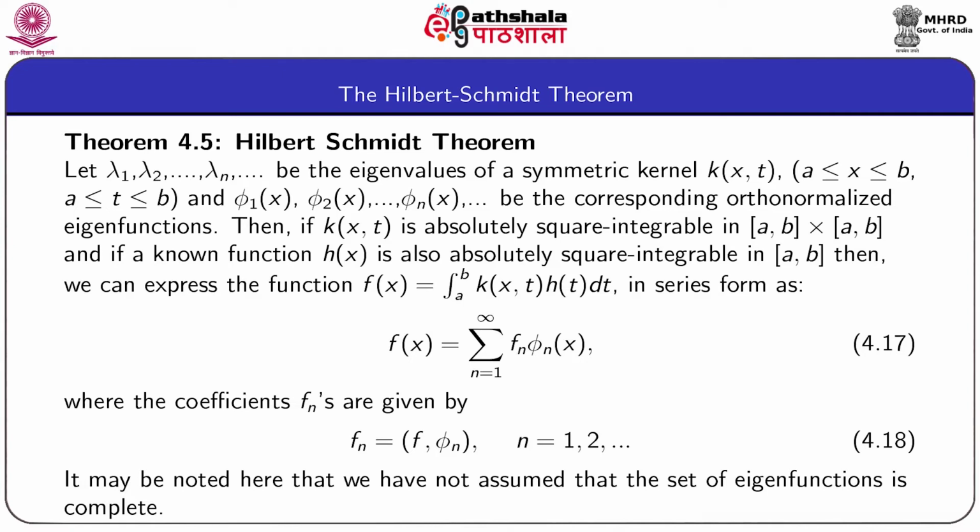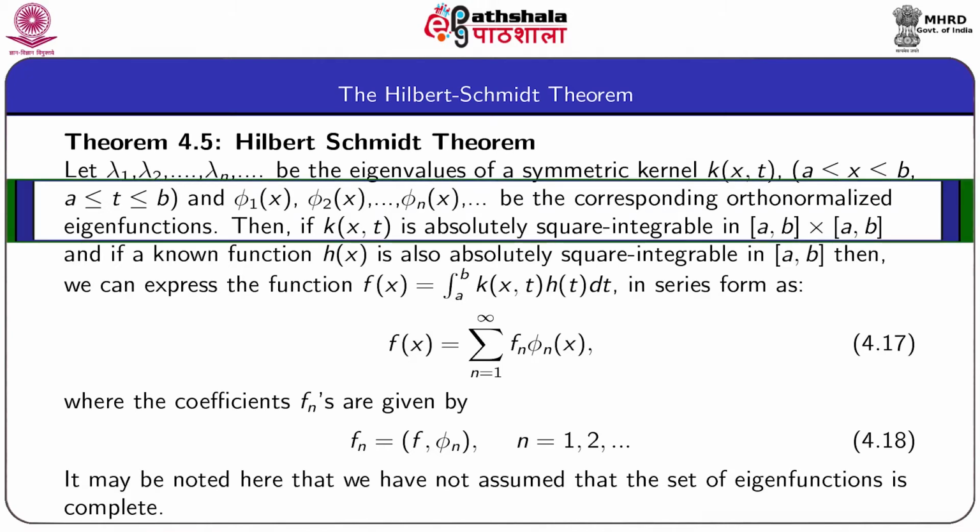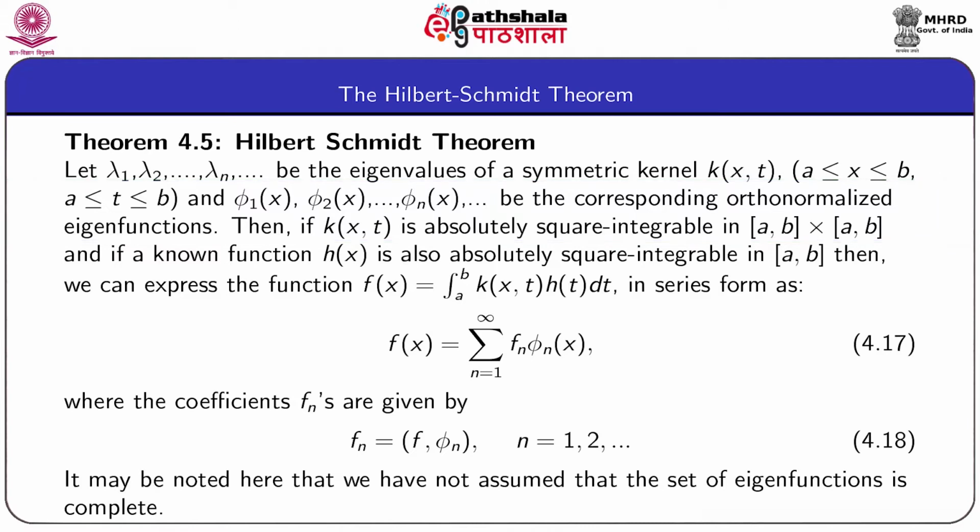Let lambda 1, lambda 2, ..., lambda n, etc. be eigenvalues of a symmetric kernel k(x,t) where x and t both lie in the closed interval [a,b] and phi 1(x), phi 2(x), ..., phi n(x) are the corresponding orthonormalized eigenfunctions.